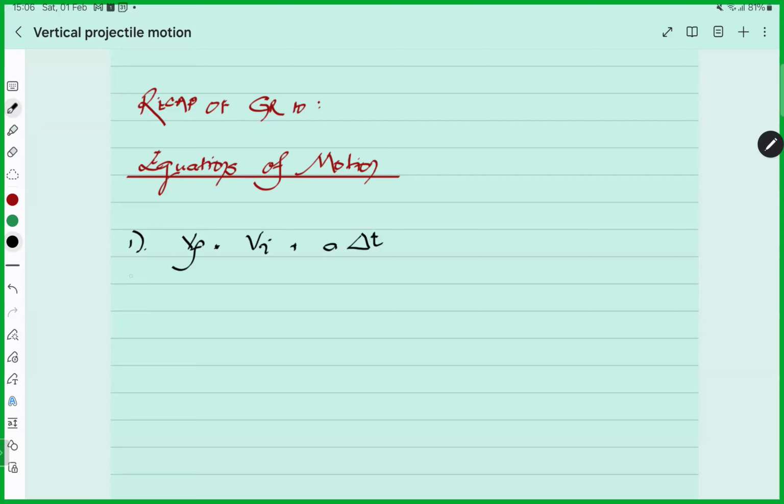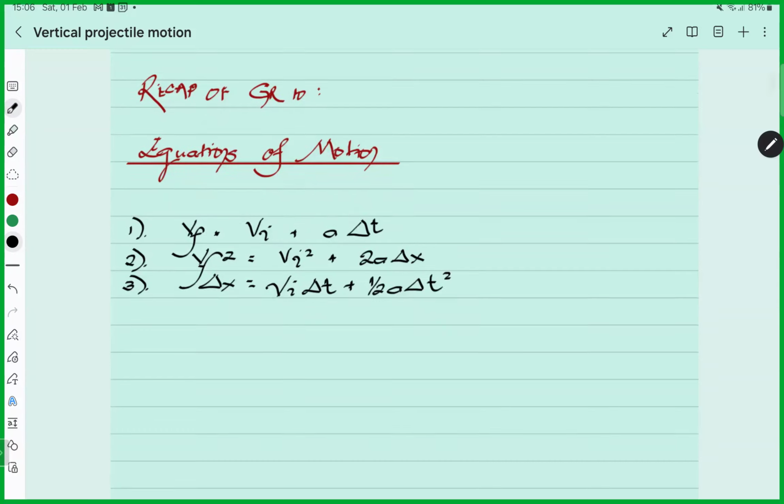Vf equals Vi plus A delta T. Vf squared equals Vi squared plus 2A delta X. Delta X equals Vi delta T plus half A delta T squared.